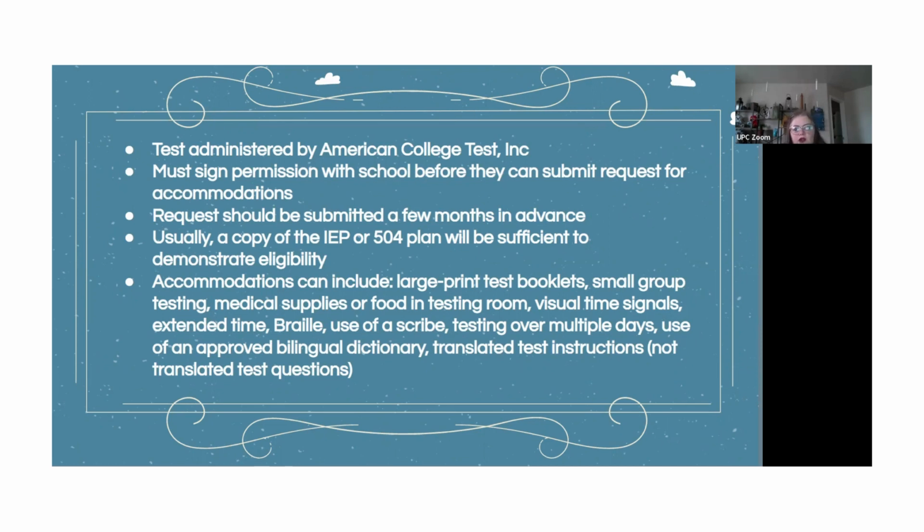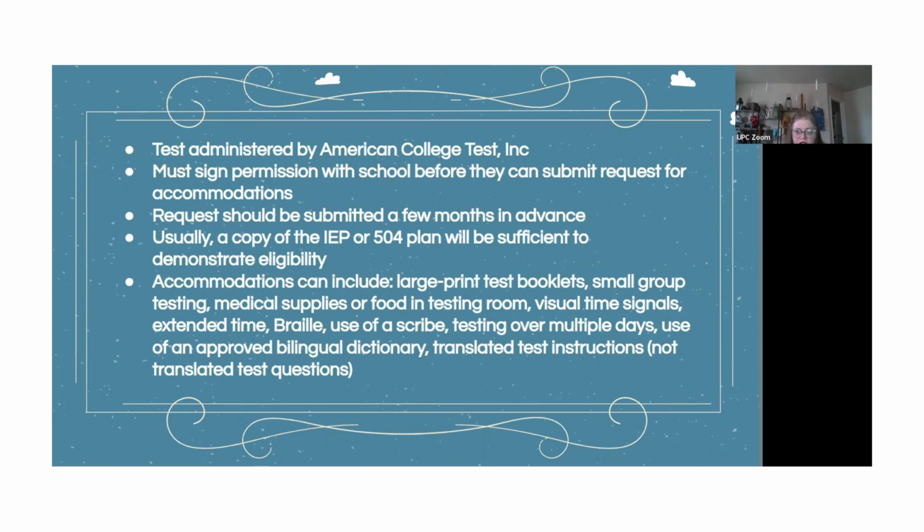So accommodations are really very personal. It's impossible to list every single accommodation that a student might be eligible for, but some of the more common ones include large print test booklets, small group testing, medical supplies or food in a testing room, visual time signals, extended time, Braille, use of a scribe, testing over multiple days for students who may not be able to handle the whole test in one day, use of an approved bilingual dictionary for students who are speaking English as a second language, and translated test instructions, but not translated test questions.